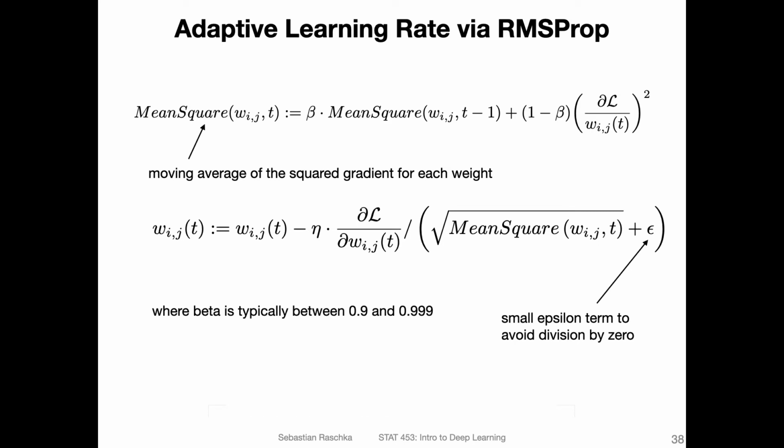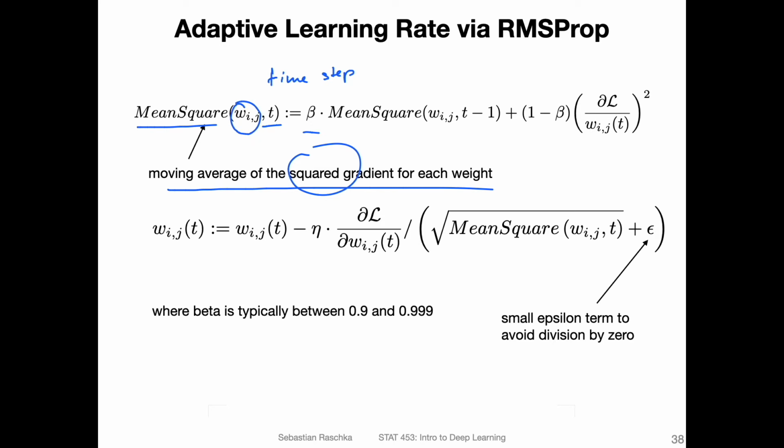So there is now a mean square term here that is the moving average of the squared gradient of each weight. It's kind of in a way similar to momentum, but instead of just considering the moving average, we have the moving average of these squared gradients. There's a beta term. So t is again the time step, for instance the iteration, and w_ij is the weight we want to update.